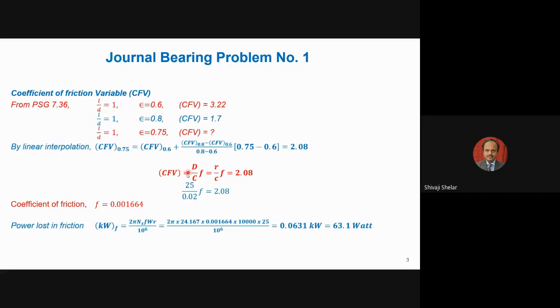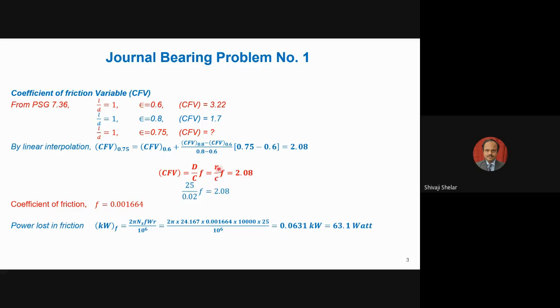Then you can use the CFP concept. This formula is from PSG, and this is the formula from your Bhandari book, whatever I have taught to you. Both are the same formula. Capital C stands for diametral clearance and small c stands for radial clearance. This value has come as 2.08, so I'm using the last two parts here.